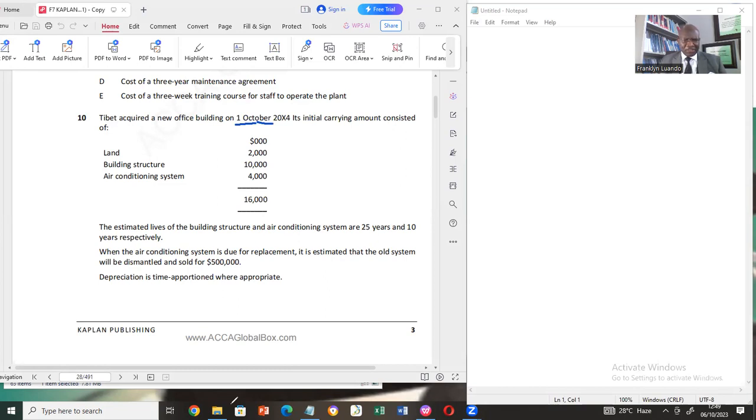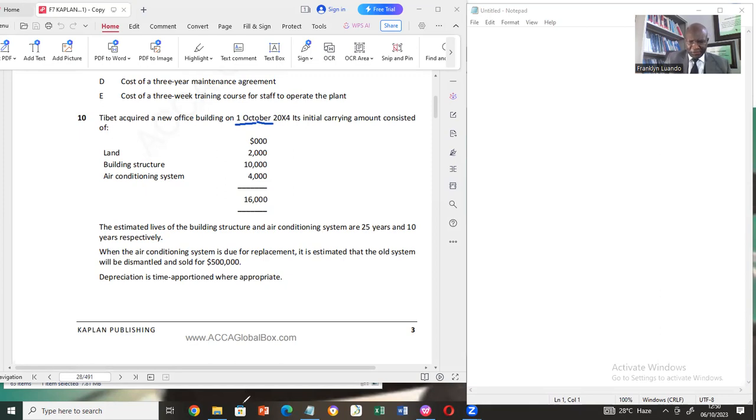The estimated lives of the building structure and air conditioning system are 25 years and 10 years respectively. When the air conditioning system is due for replacement, it is estimated that the old system will be dismantled and sold for $500,000. Depreciation is time apportioned where appropriate.